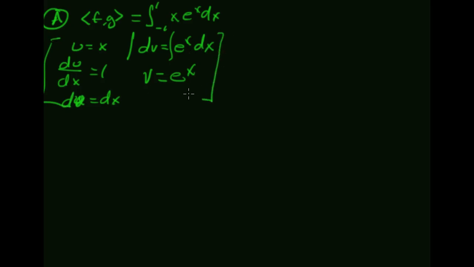So we should be able to rewrite this as u times v minus the integral of v du.